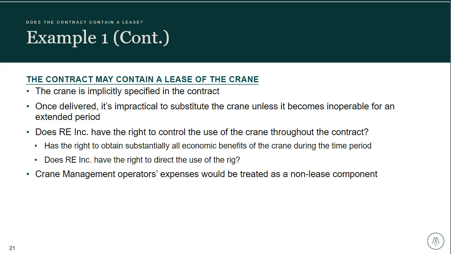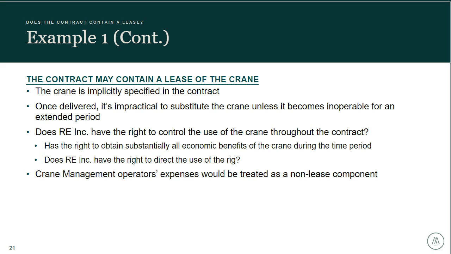If we're unable to say whether the supplier has a substantive substitution right, we have to assume that they do. So if we don't know the answer to that, or if it's in the gray area, the standard actually says we're going to assume they have that ability. Or it's not substantive. I said that backwards.